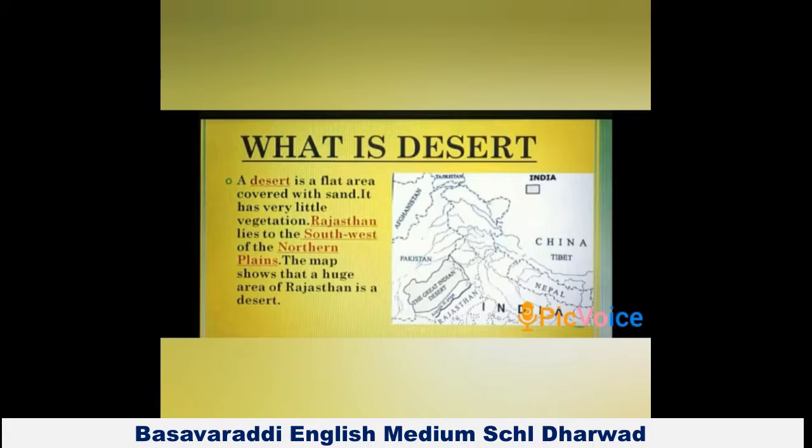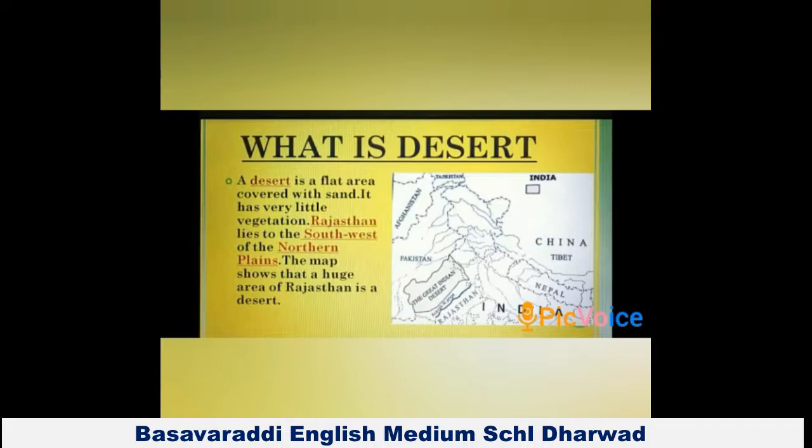Next, the Western or Thar Desert is a large dry region in the northwestern part of the Indian subcontinent. It is a hot desert. The Aravalli Hills divide Rajasthan into two parts. The western part is known as the Thar Desert or the Great Indian Desert.